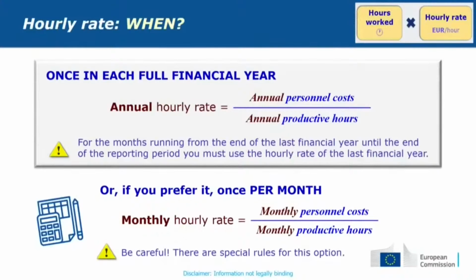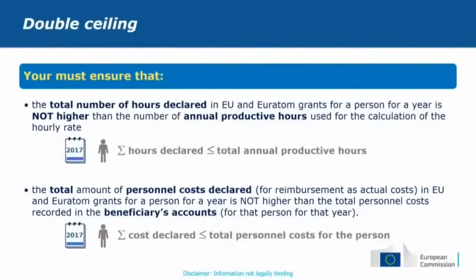Again, please check carefully in the annotated model grant agreement the explanations for this monthly hourly rate, because there are some specific conditions that make the calculations in some cases slightly more difficult than the calculation based on the full financial year, so more prone to errors. The option is there. We recommend you go to the annual because it's simpler, and it implies less administrative burden. But if you want to check the other, if you want to see how it works, the information is available in the annotated model grant agreement.